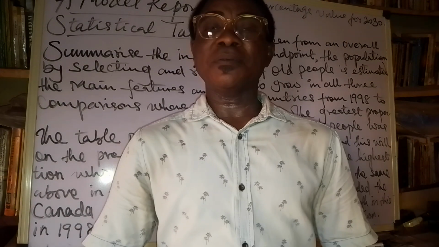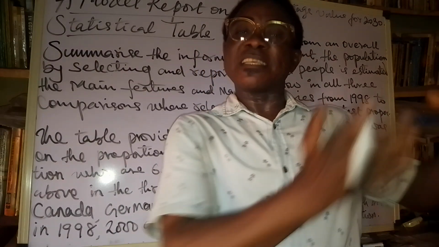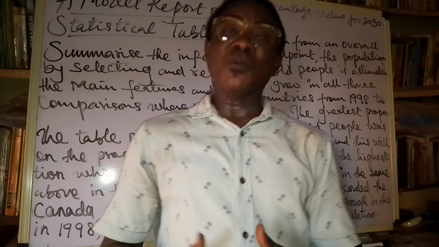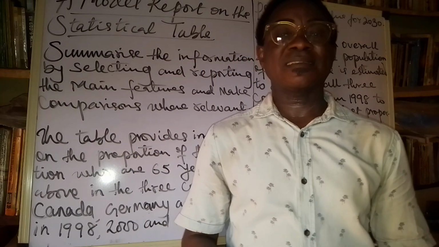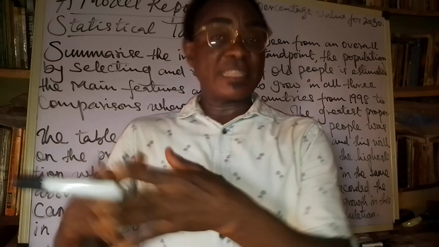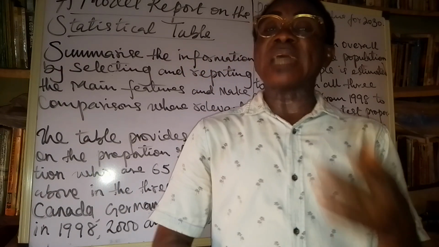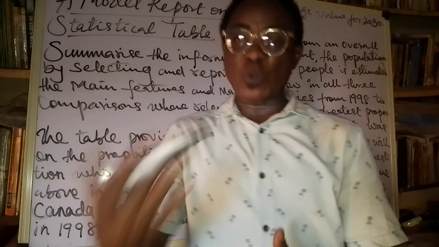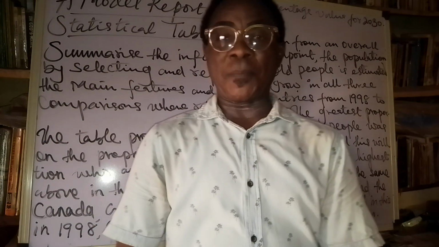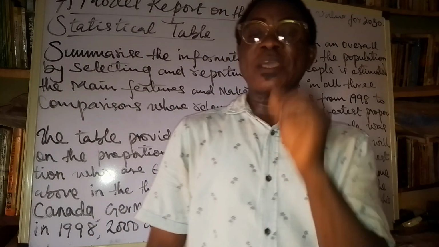That table measured the percentage change in the population of elderly people within this age bracket in the period 1998 to the year 2000, but with an estimated rise in the population of these elderly people for the year 2030.